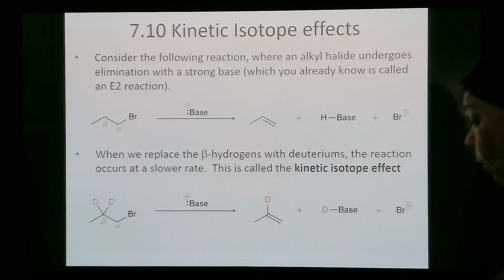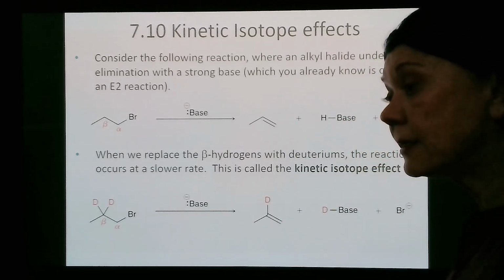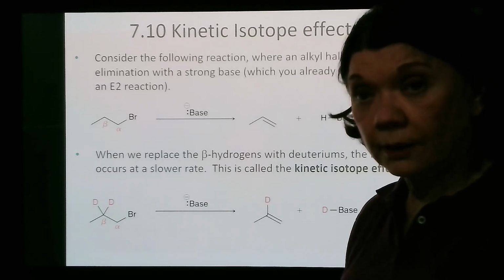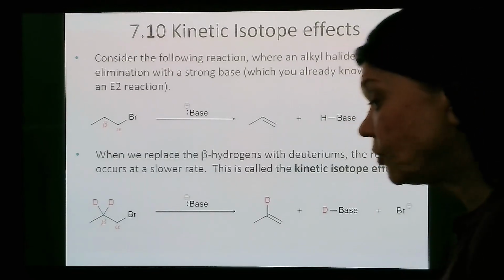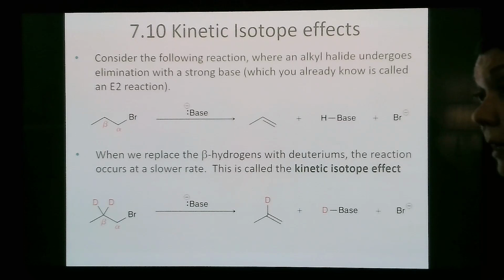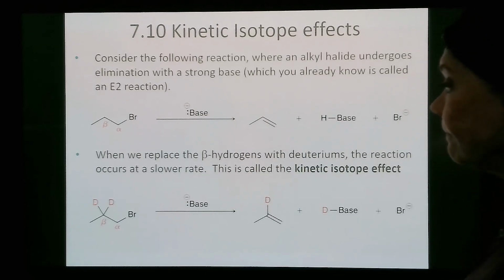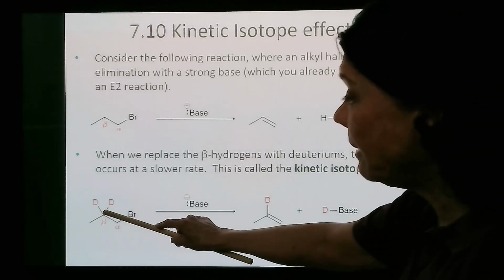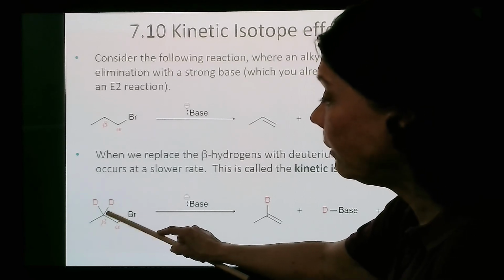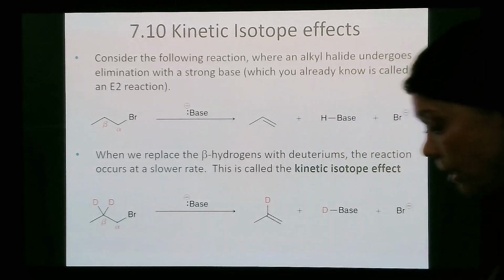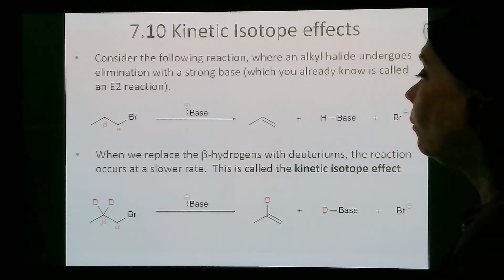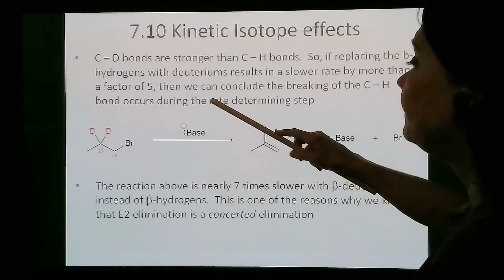And so, what happens is, if you see the rate diminish a little bit with the deuterated reactant, that means that you see an isotope effect.